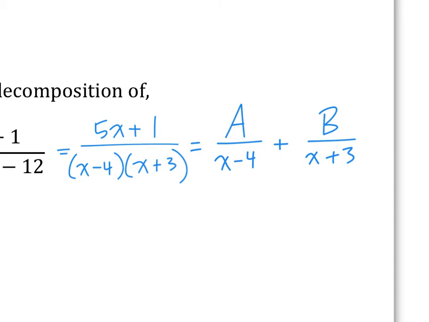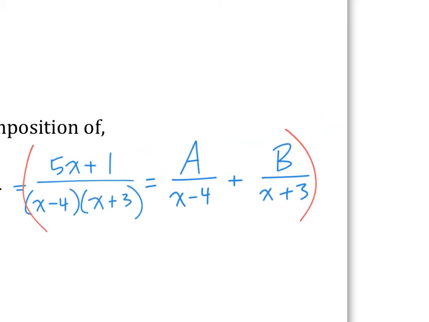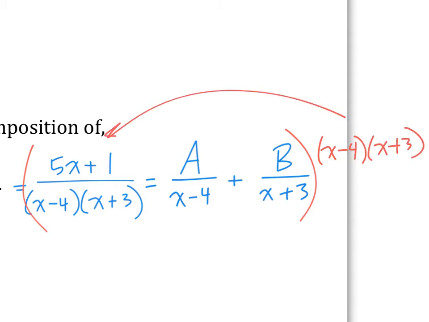We're not solving for x. Yes, we have to multiply by the least common denominator, x minus 4 and x plus 3, to cancel the denominators on the other side. We're trying to get rid of all the fractions in order to solve this. So x minus 4, x plus 3, and we need to distribute.